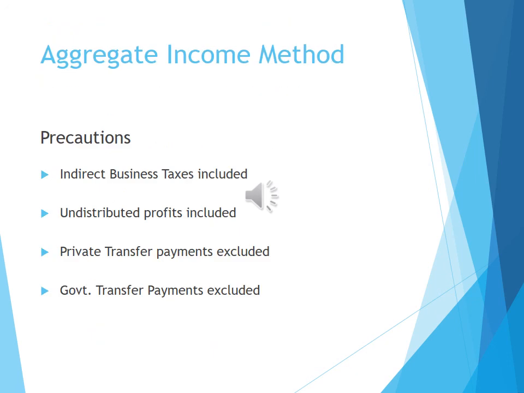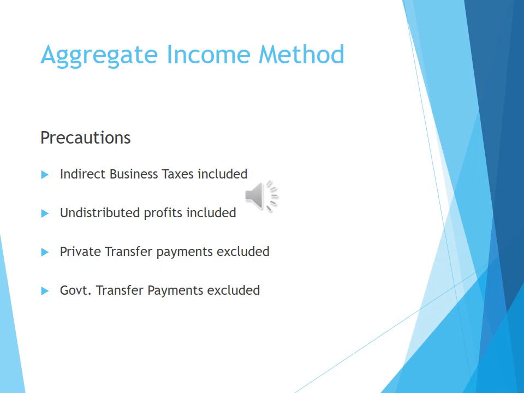Here are some precautions that must be undertaken while using the method of aggregate income to measure the national income. The first one is that indirect business taxes must be included. The mechanism behind this is the same as we have discussed in the previous section. Undistributed profit must be included.